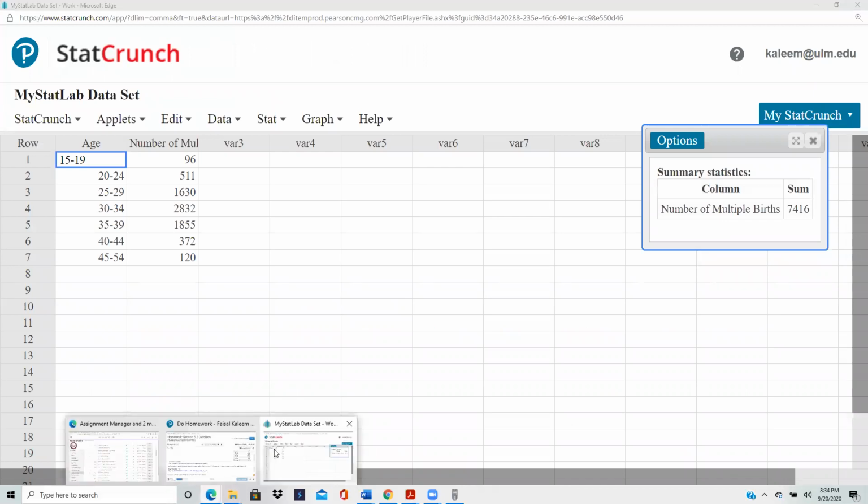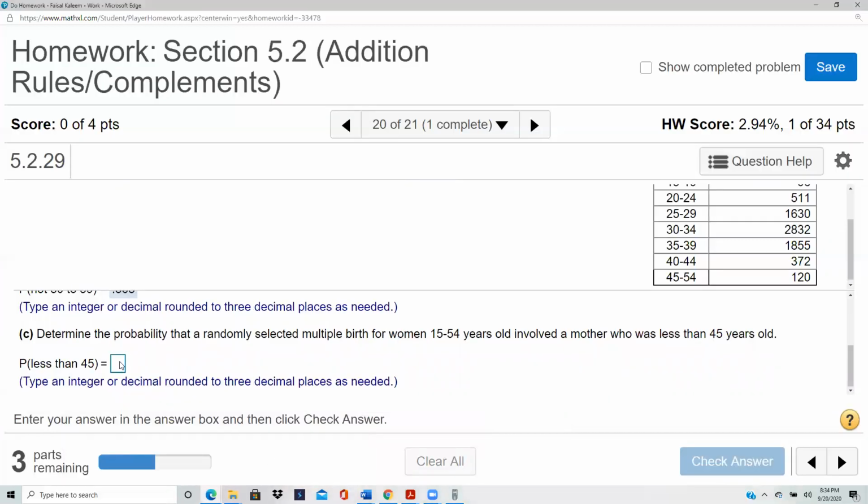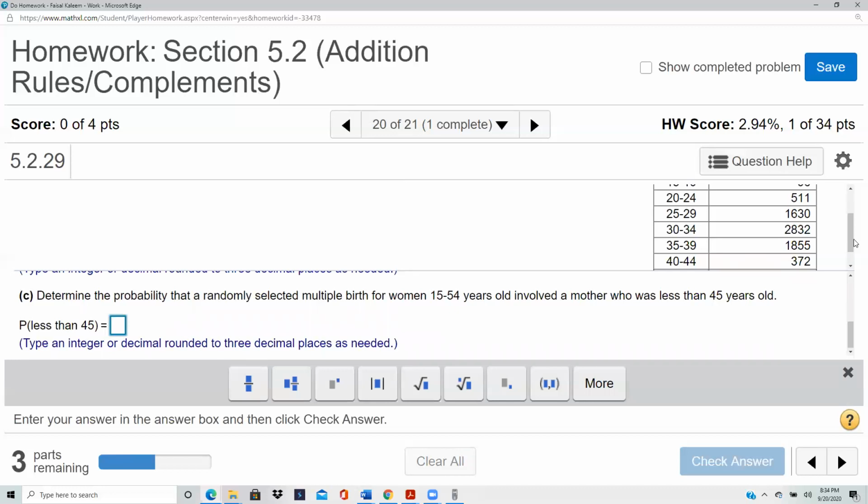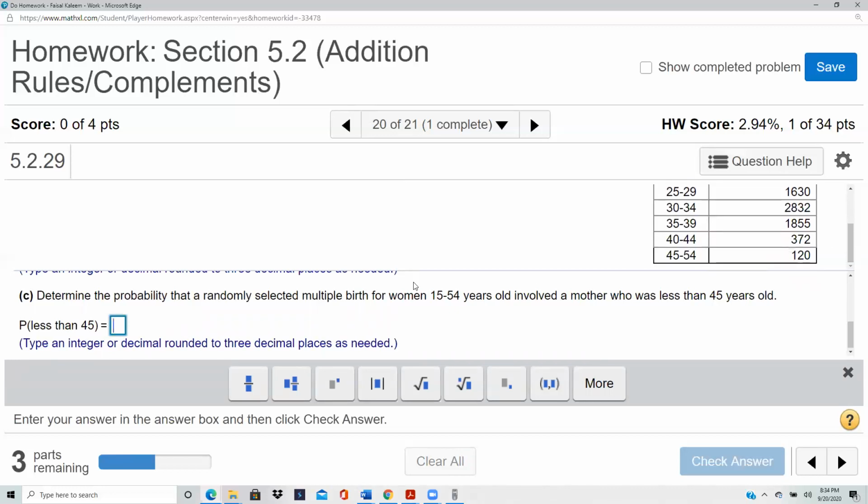So we do 7416 minus this last entry, which gives you how many were less than 45, and then you divide this by 7416. So 7416 minus 120, divided by 7416, is 0.939.